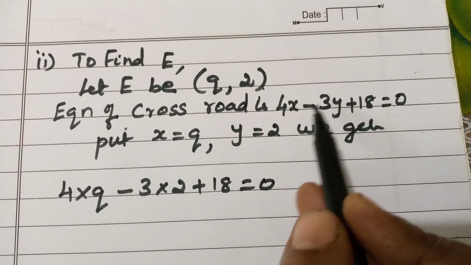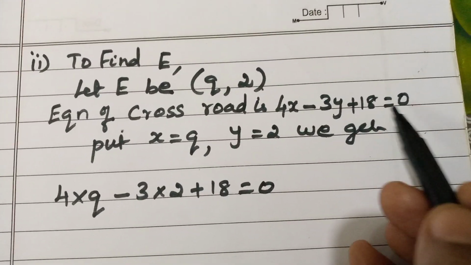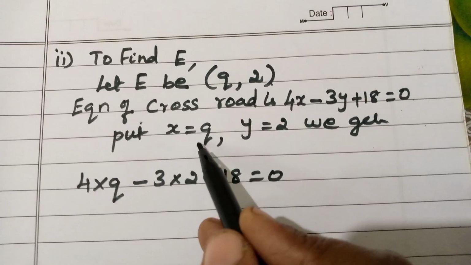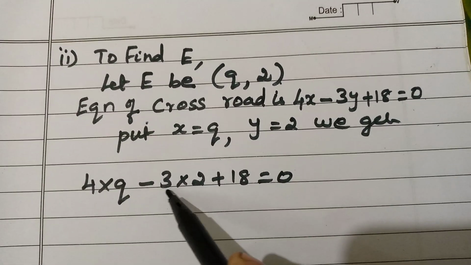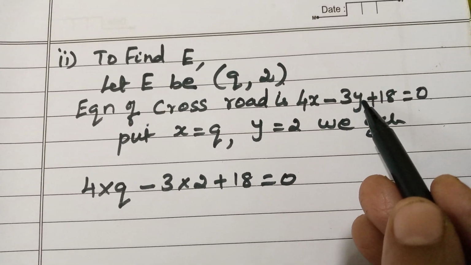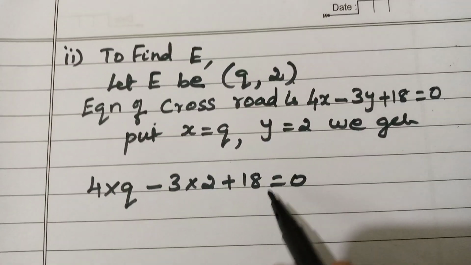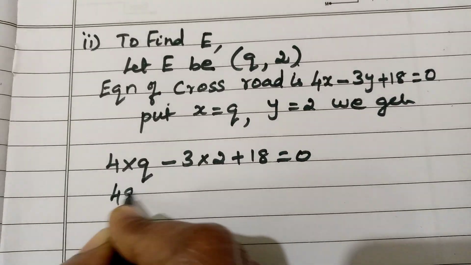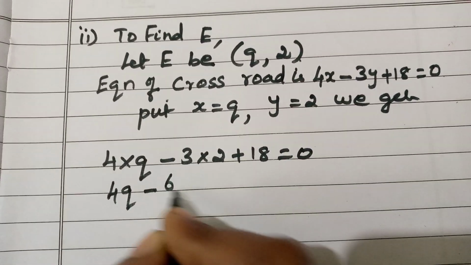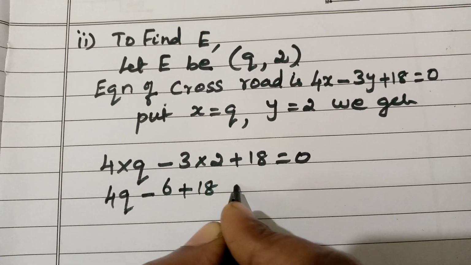The equation of the crossroad we have is 4x minus 3y plus 18 equal to 0. Here put x equal to q and y equal to 2. We get 4 into q minus 3 into 2 plus 18 equal to 0. So that is 4q minus 6 plus 18 equal to 0.